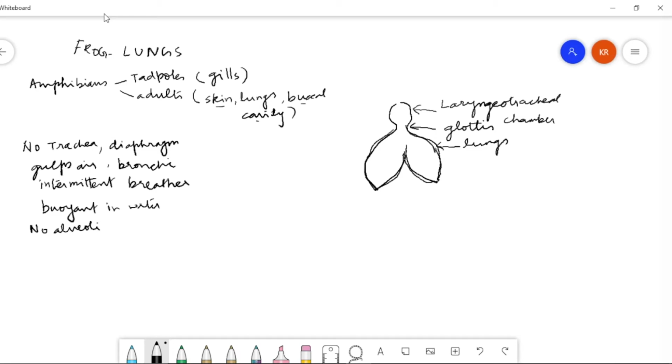So these lungs are just outpocketings of the buccal cavity. These are spongy.